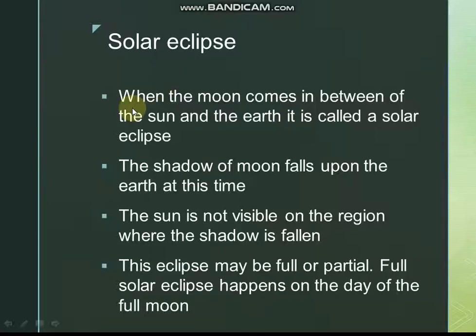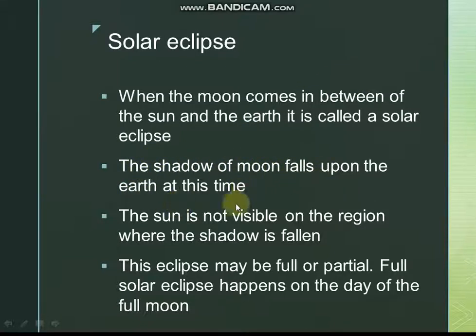Solar eclipse. When the moon comes in between the sun and the earth, it is called a solar eclipse. When this occurs, the shadow of the moon falls upon the earth.